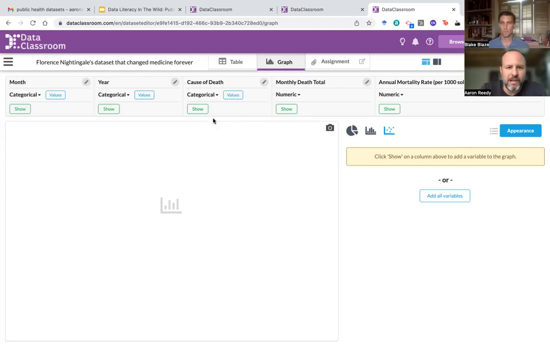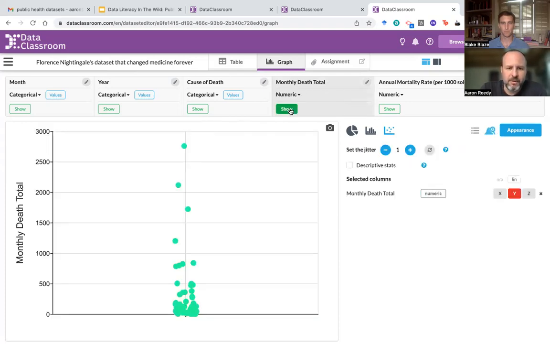And so what we might plot here, say, is this monthly death total. And each dot that you're seeing here is a different monthly death total. If I hover on there, I can see the values for what that monthly death total was. But this is all the observations over that 3-year period that we have just all lumped together.